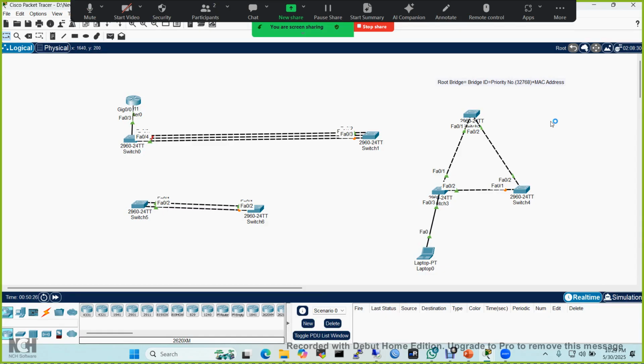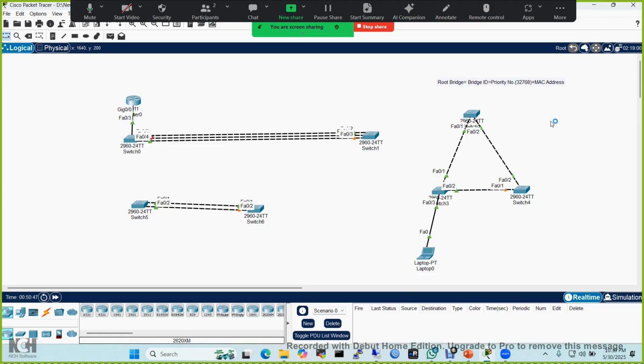Then now, what is non-designated? Is it the one that is blocked? No, I have not said yet. I have just said two roles. Designated means all the ports of the root bridge.